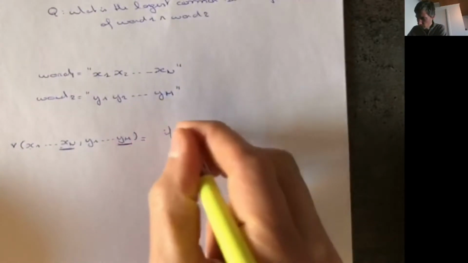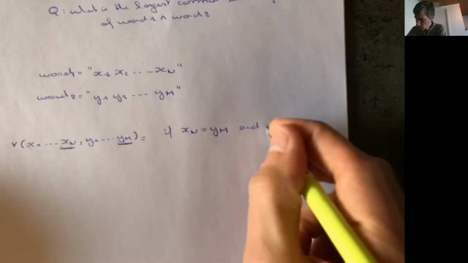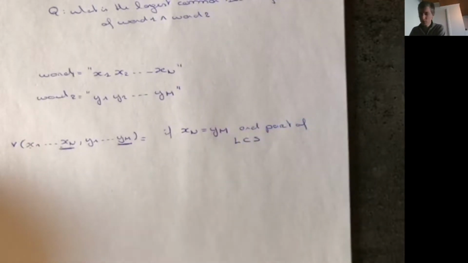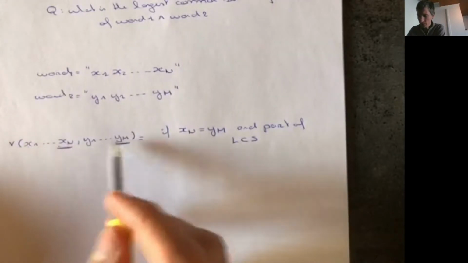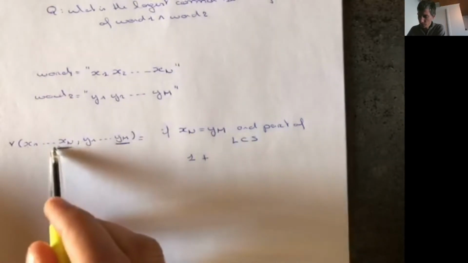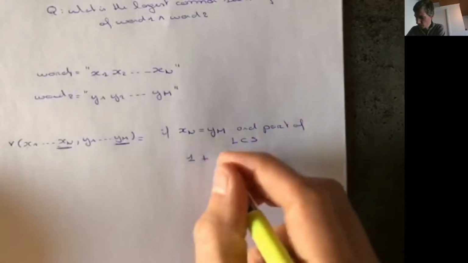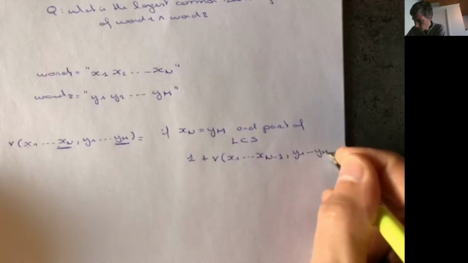So if xn is equal to ym, so the last two letters of these words are the same, and if they're part of the longest common substring, then what's the value of the longest common substring? Well, first of all, these are part of the longest common substring, so the length is at least 1, plus maybe if I remove these two, because they're part of the common substring, what I have then is the word x1 until xn minus 1 and y1 until ym minus 1.